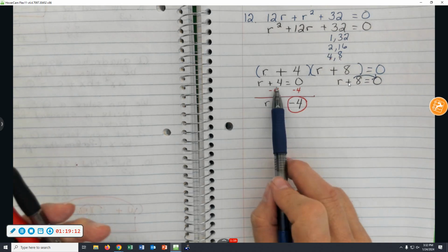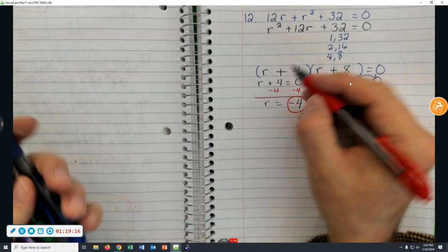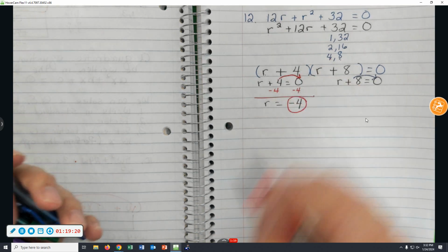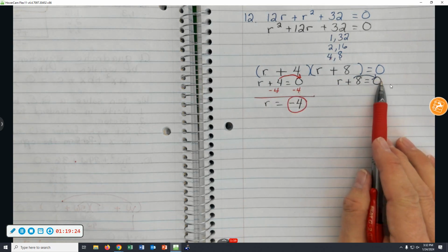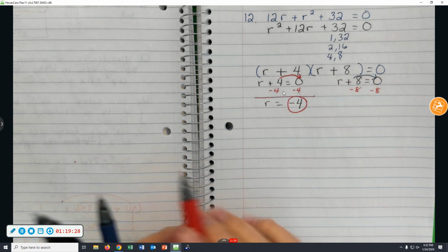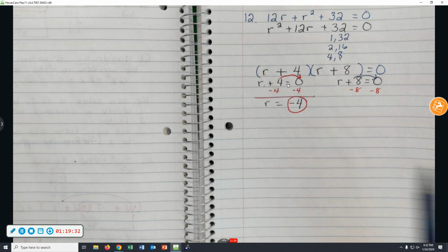So what I did here with this minus 4, you may have had another teacher one time or another do this instead. Bring it over, change the sign. Bring that positive 8 over, change the sign. That's the same as doing that. And why? Well, just making a little arrow was a little bit faster.